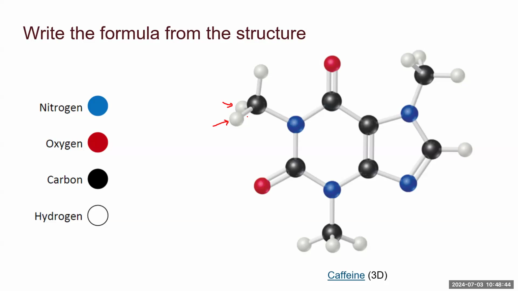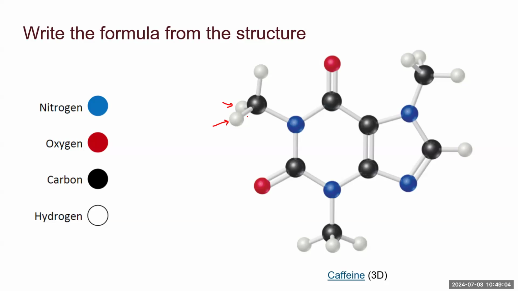So let's take a minute and write the formula for this structure. Whenever I'm doing something like this, and this is the sort of exam question you might have, I'm going to count up one or a few of my atoms. I always start with carbons.